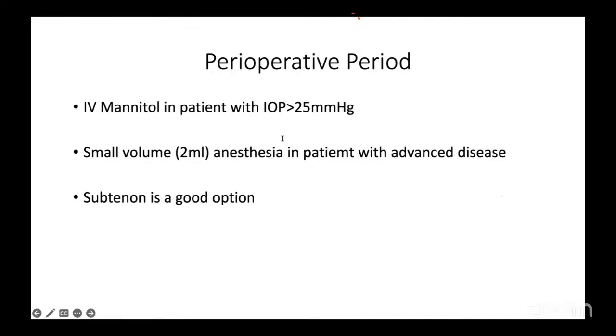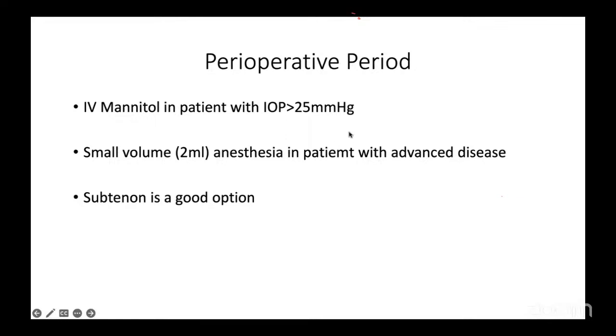Now, when you take 0.1 mil of the 0.4 preparation, you dilute it, so you take 0.1 mil and make it 2 mil with saline, and then you inject. That's what we use.